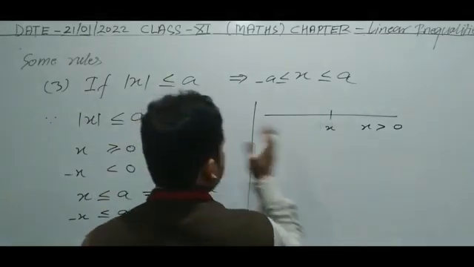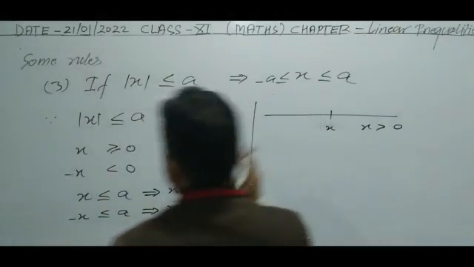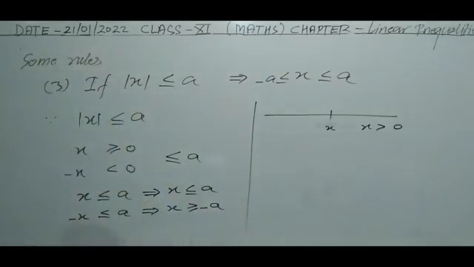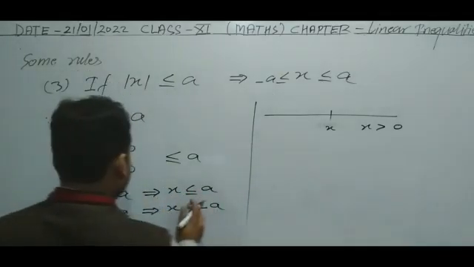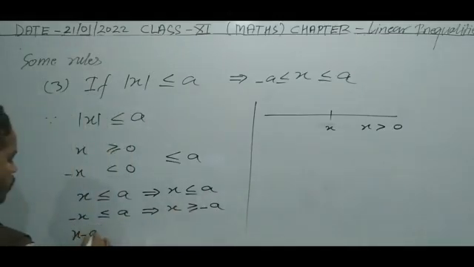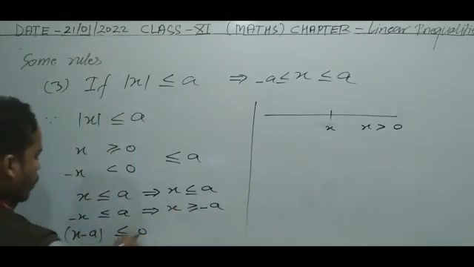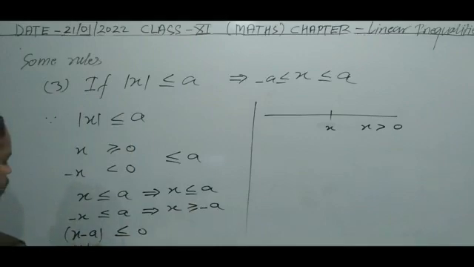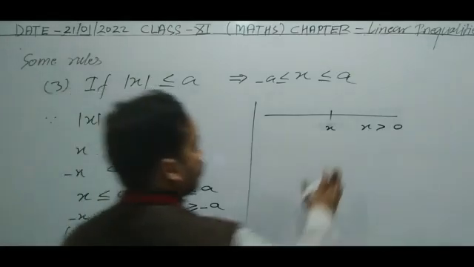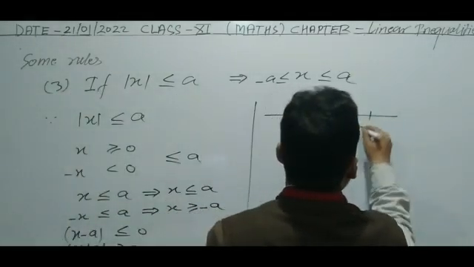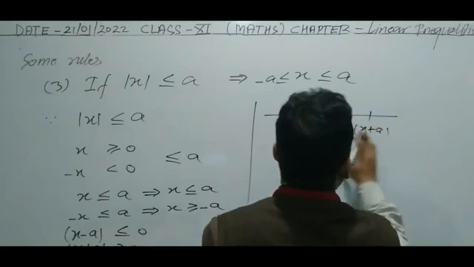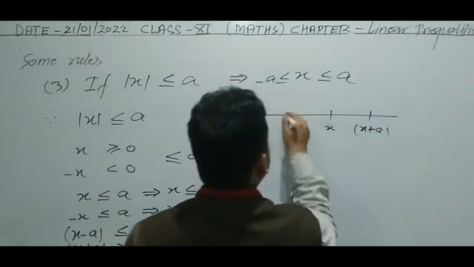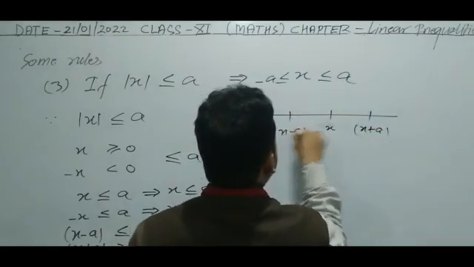So mod of x is less than a, this implies x minus a we can also write. So x minus a is also less than 0 and x plus a is also greater than or equal to 0, you know. So this result will be x plus a and this result will be x minus a.